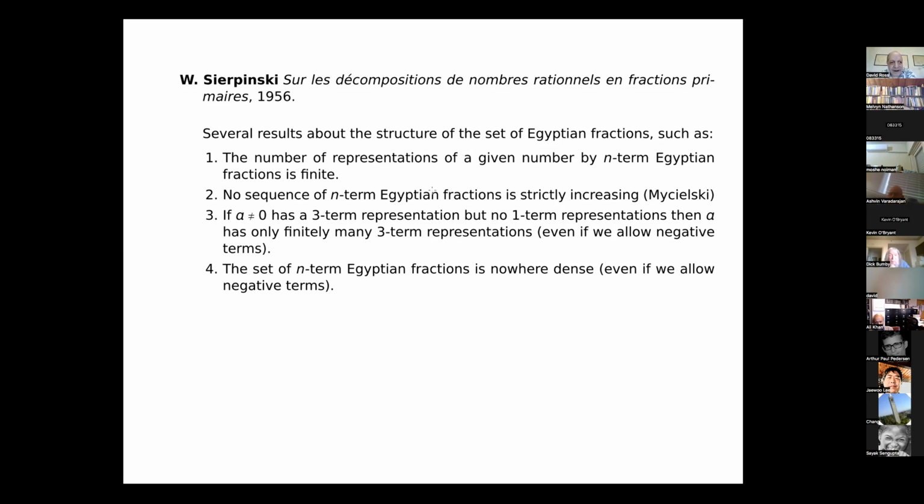The set of Egyptian fractions that can be represented with n terms is nowhere dense, even if you allow negative terms. Anyway, the paper is full of stuff like this, as well as some constructive stuff that I'm not going to talk about because I don't do constructive stuff. It's sort of a nice paper.